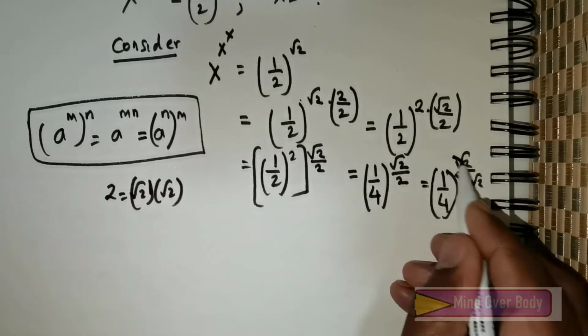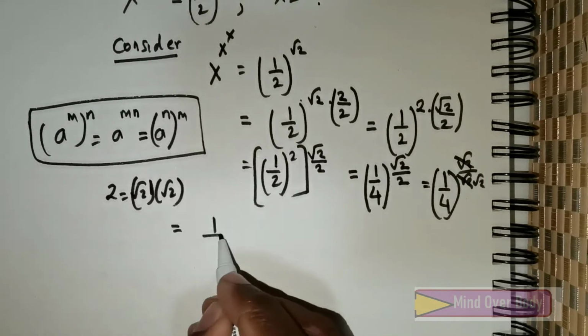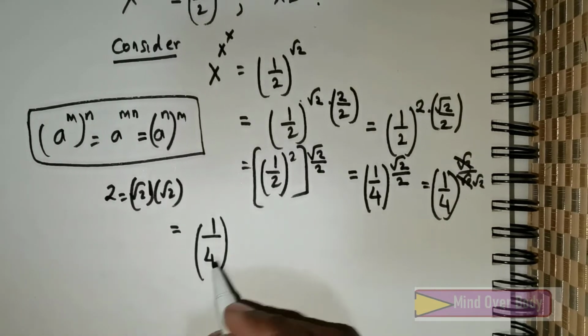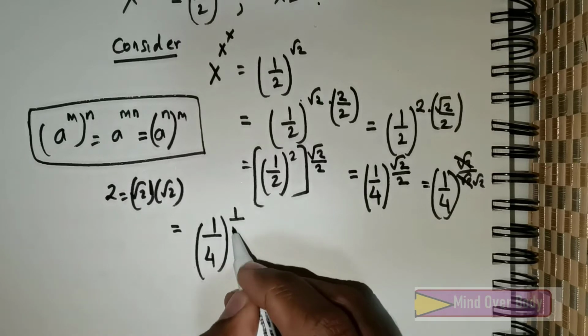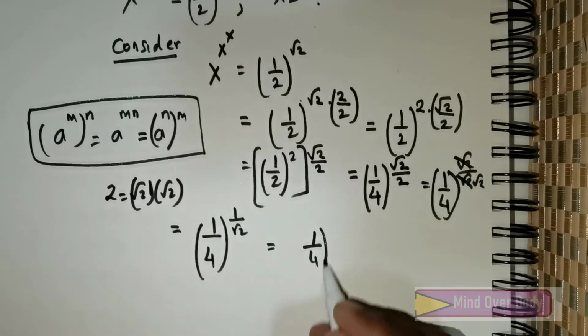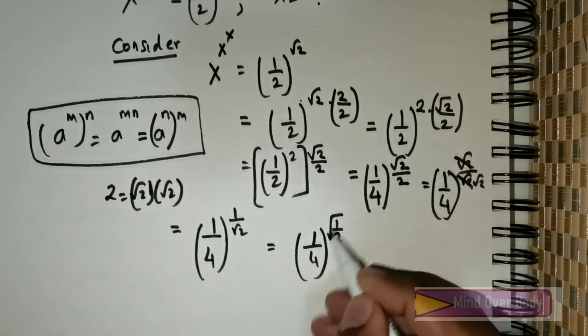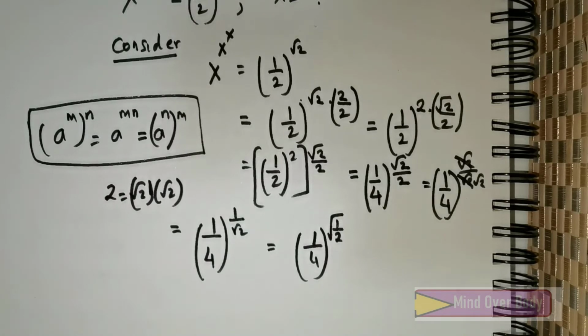So one of the root 2's can be cancelled with the one in the numerator. So I now have 1 over 4 raised to the power 1 over root 2. Now I'm going to write this 1 over root 2 as root of 1 over 2. So this is always possible.